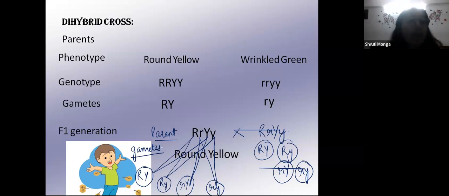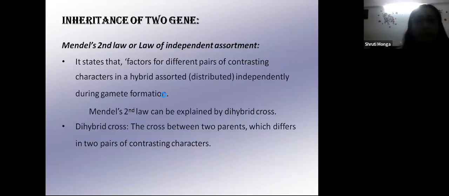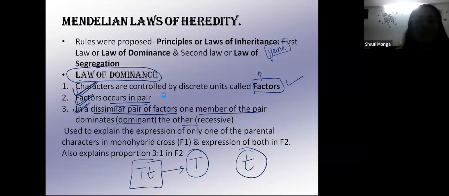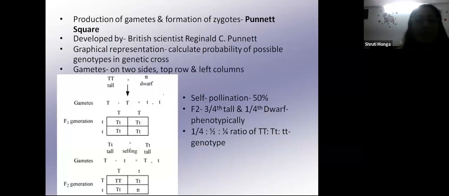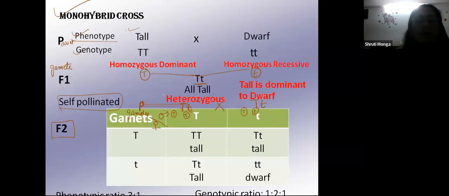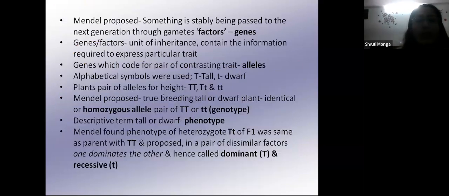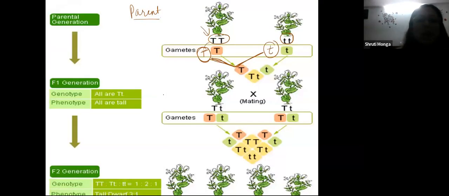Now it's time to make a Punnett square, because we have to calculate the F2 generation seeds. How are you going to do this? I'm coming to a blank slide. Yeah, here it is.